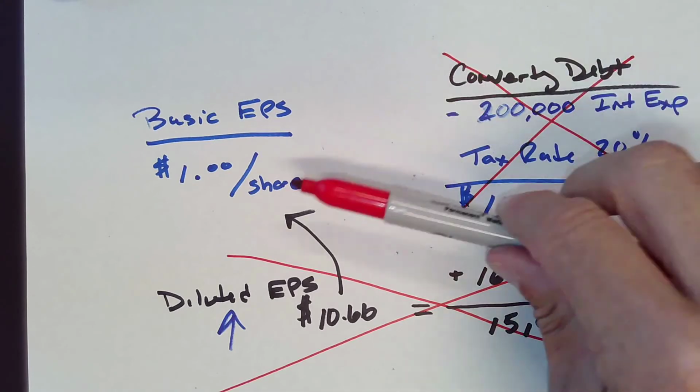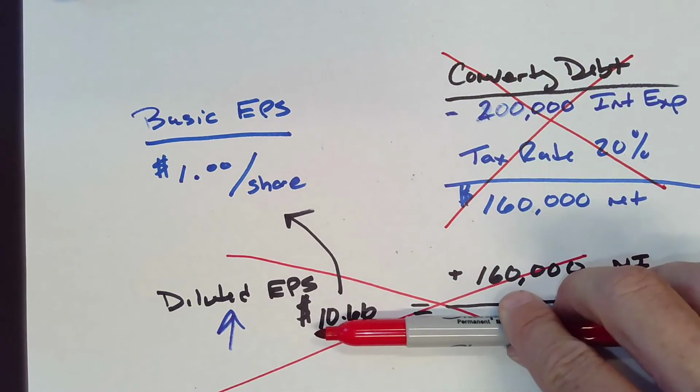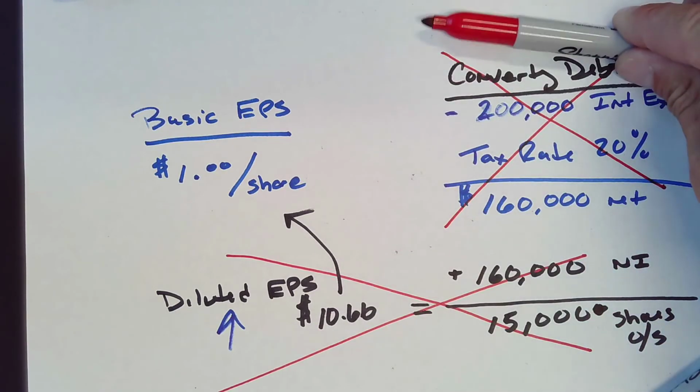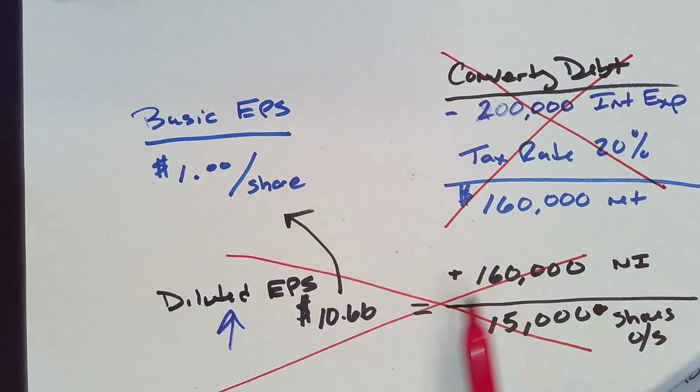And so we do this for every single item, right? Any option, all we're doing there is we're going to be adding shares outstanding. There is no net income effect. Any warrants, only shares outstanding. Those are going to be dilutive because the denominator increases and there's no change in the numerator.